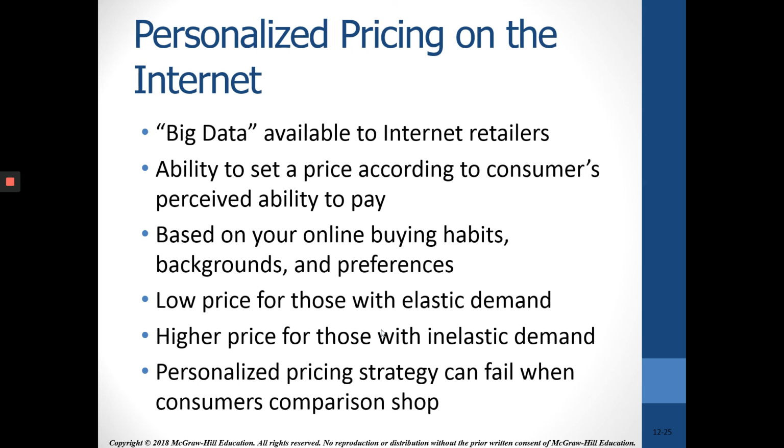Of course, this would be negated when people comparison shop, which I suppose we should all do when we're buying something online. That does raise some ethical questions, but we really don't have laws in place to deal with those at this time.